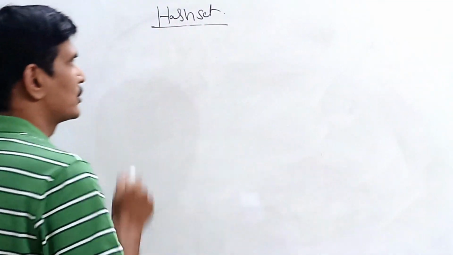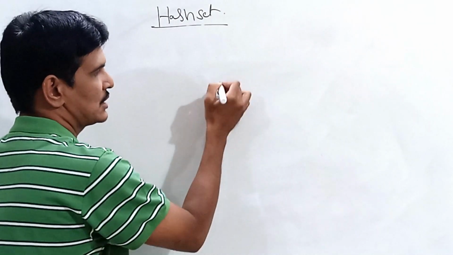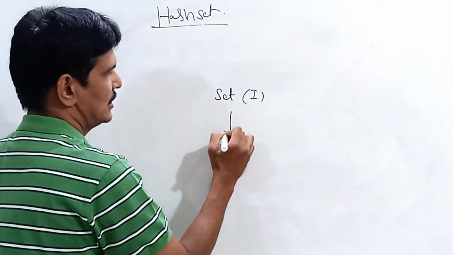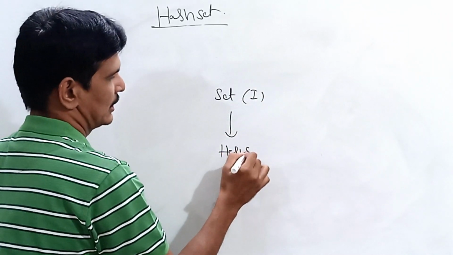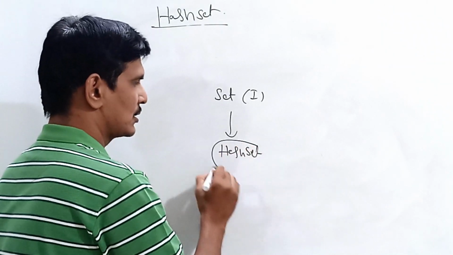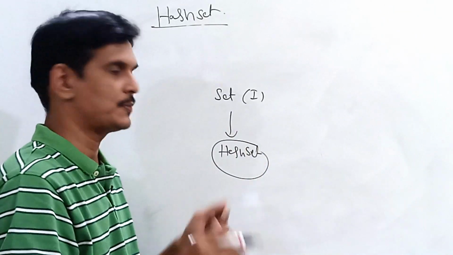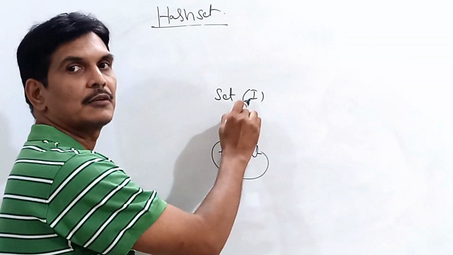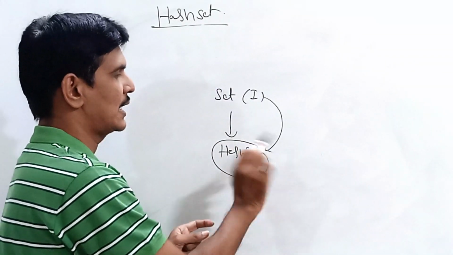One more thing we need to understand: Set is an interface, and HashSet is a class which implements the Set interface. So HashSet does not have its own methods. There are no special methods in HashSet itself. Whatever methods are there in the Set interface, the same methods are implemented in the HashSet class.